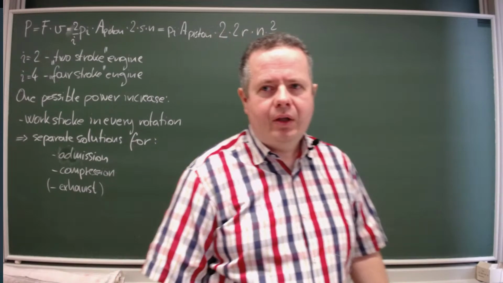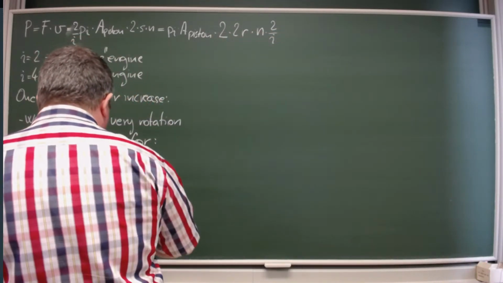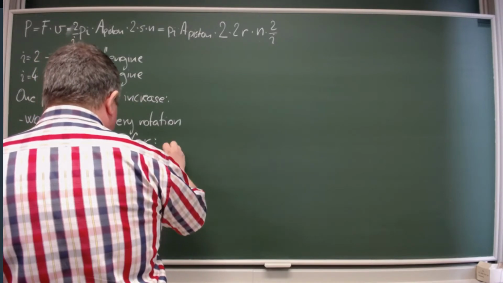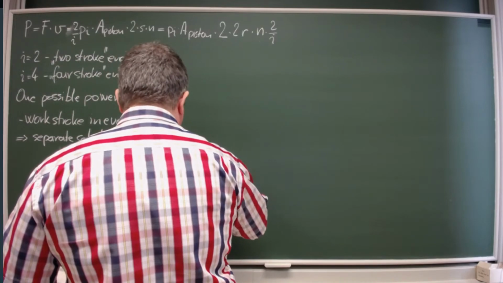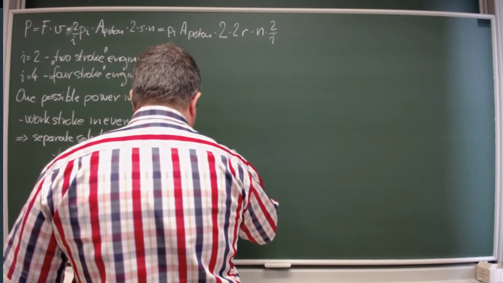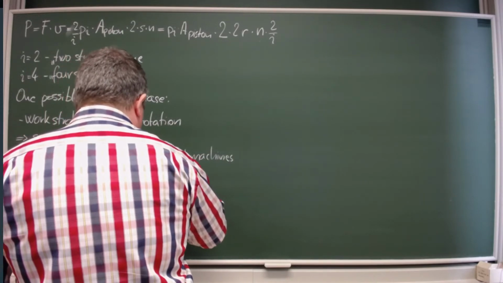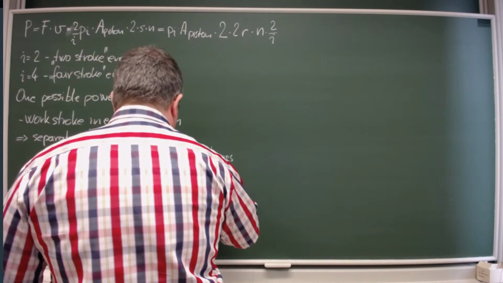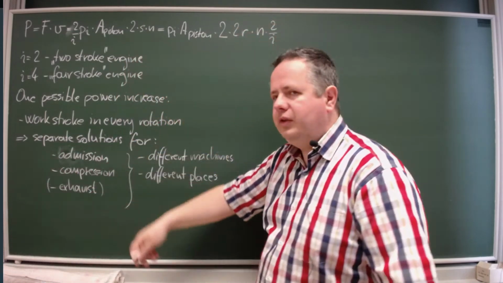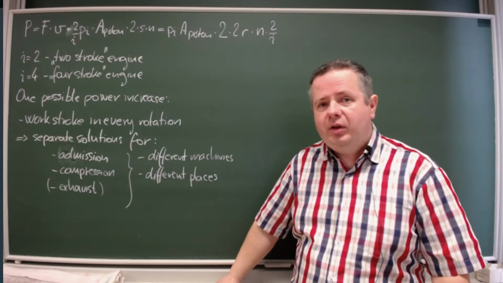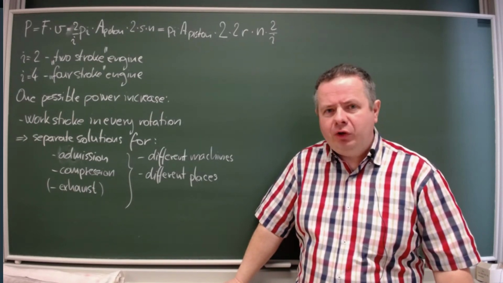Okay, so either I can have different machines for that and different places, because these things will not fit either in time or in the place, in the volume of the cylinder.